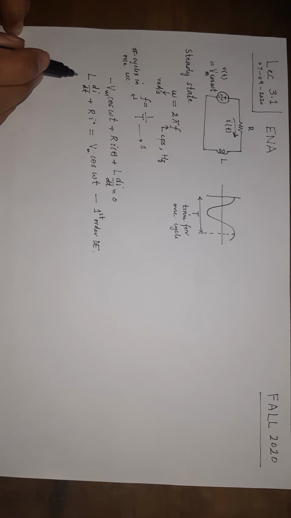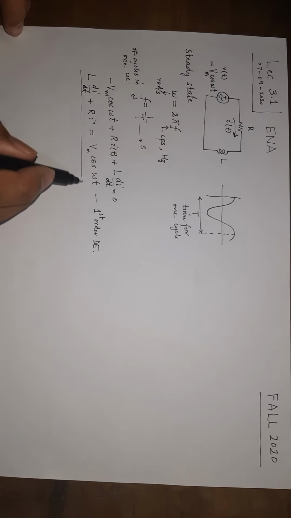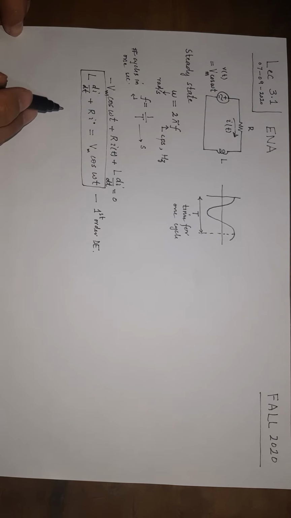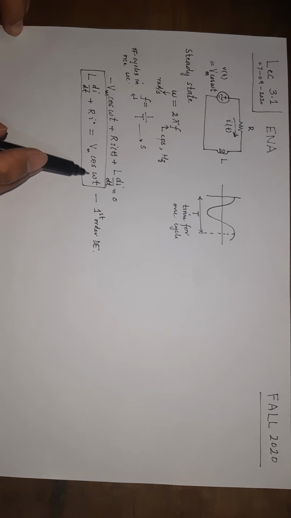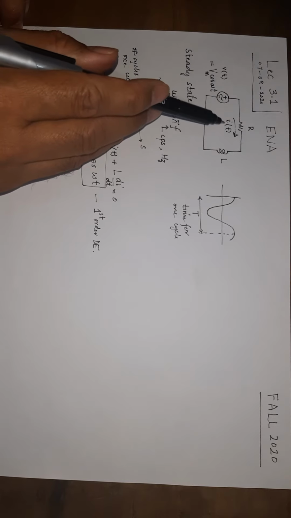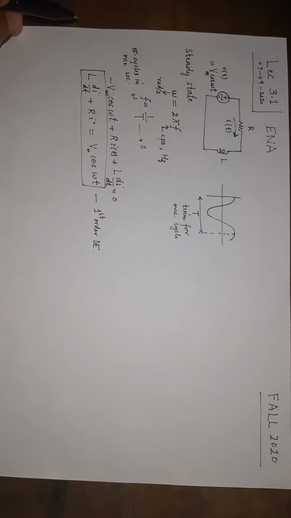Now here, if you look at this equation very closely, obviously we can see the nature of i just by observation, that because the forcing function is sinusoidal, in steady state we can assume that the current will also be sinusoidal.